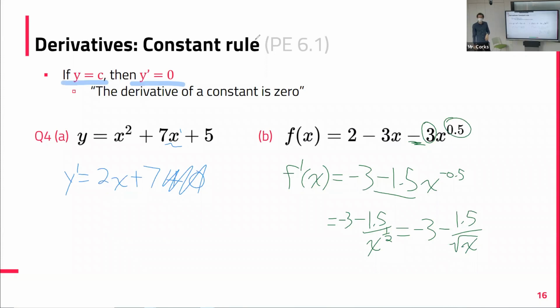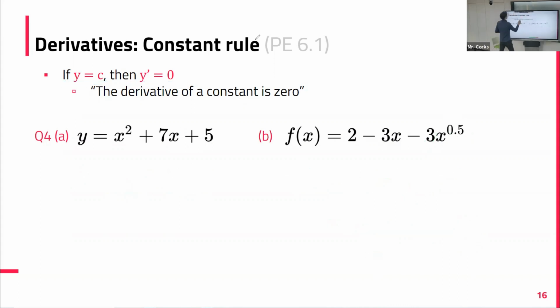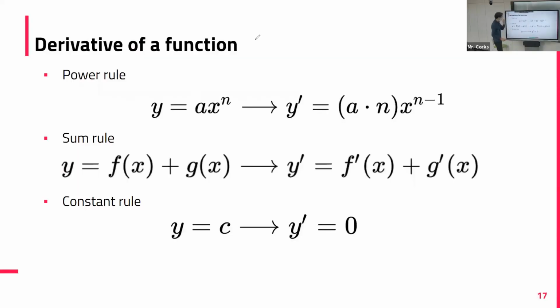Okay, so there is our constant rule. That's our third rule, and that's all we're going to need. There are a lot more derivative rules: product rule, quotient rule, chain rule, all kinds of stuff. But we will be able to get a lot done with just these three rules, so we're going to focus on these for our purposes in this class.